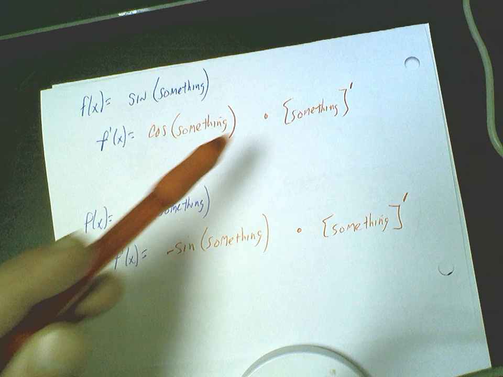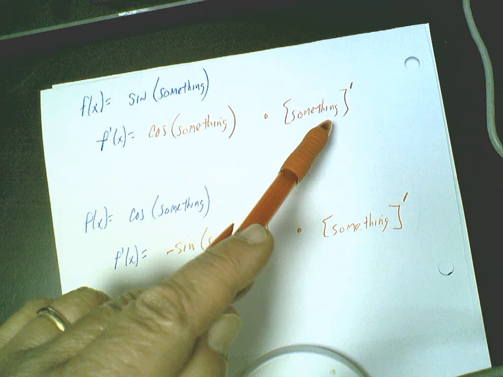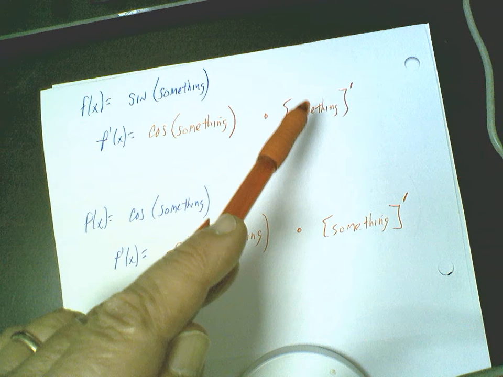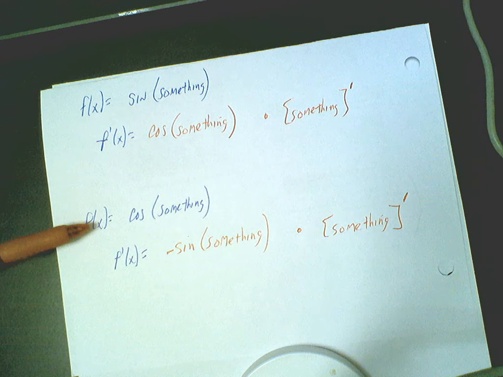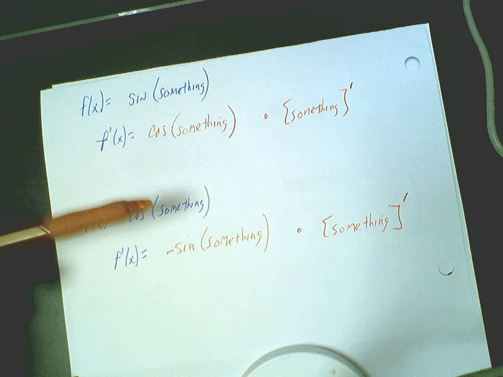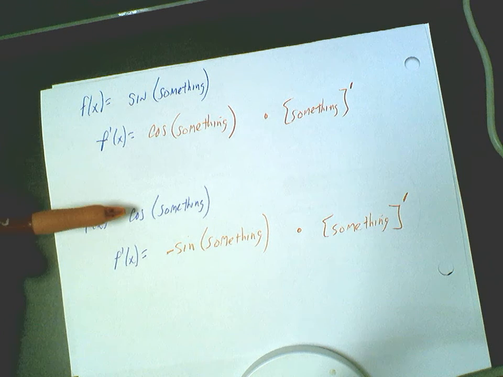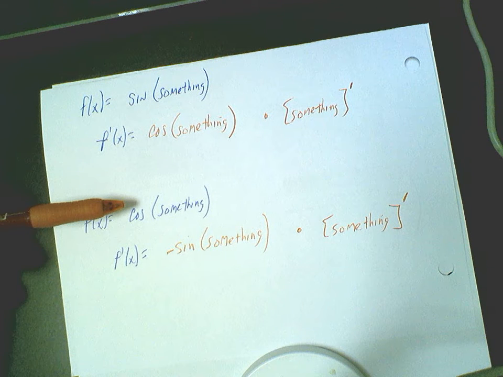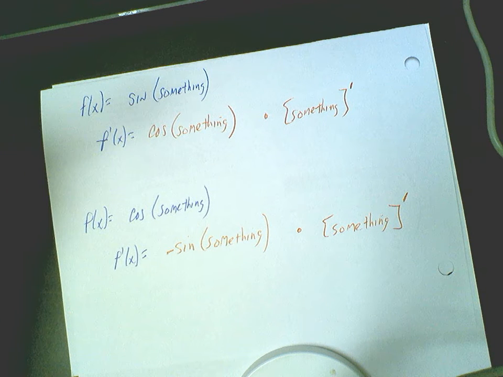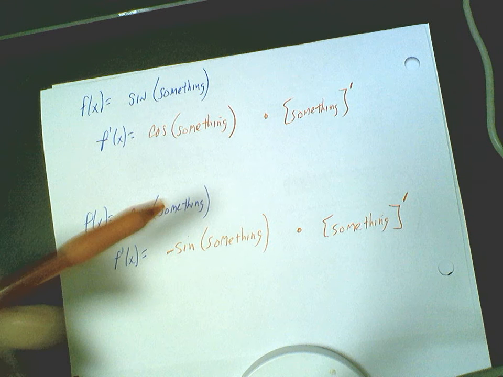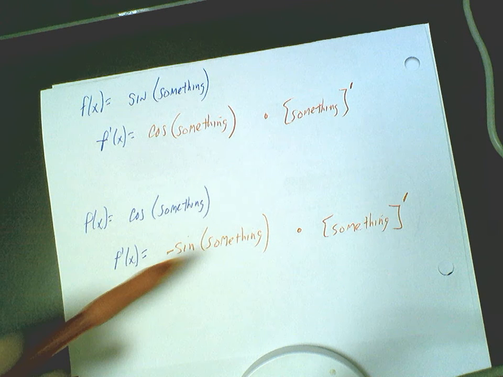I've written this as something prime. When I have f of x equals a cosine of something, my derivative, f prime of x, is going to be, remember, the derivative of cosine is negative sine of something, whatever happened to be in the parentheses, multiplied by the derivative of something.